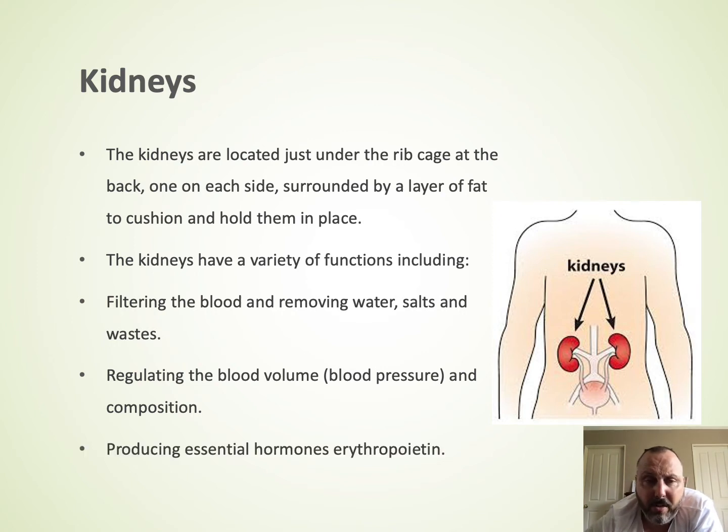And it's also got a job producing essential hormones like erythropoietin, one of the chemical messengers for the endocrine system, a messenger around our level of hydration.